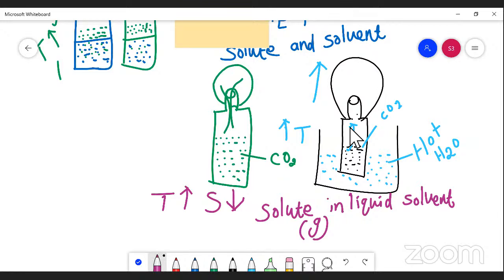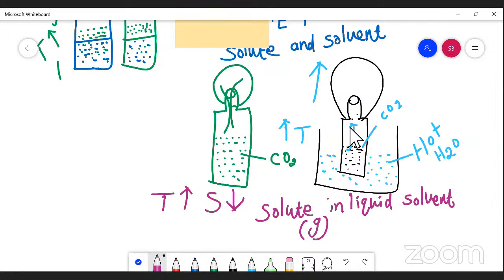There are two systems: a solute in a solid state in a liquid solvent, and another system, a gaseous solute in a liquid solvent. We have discussed both in detail. In the second system, when the temperature increases and the solute is in a gaseous state, the solubility definitely decreases.